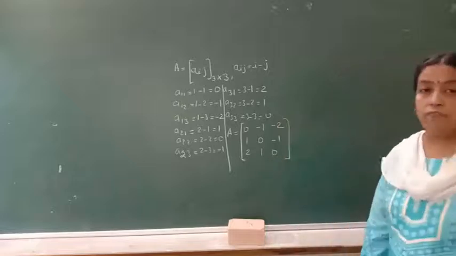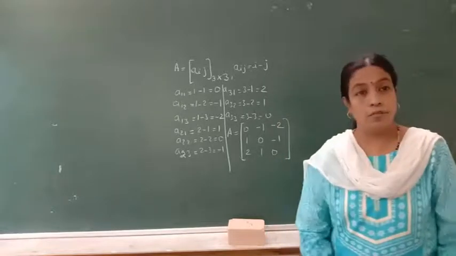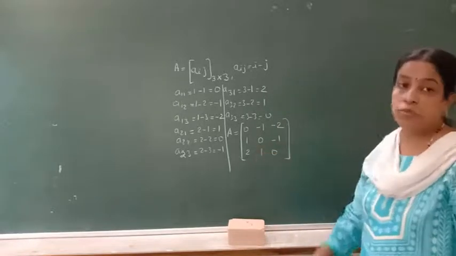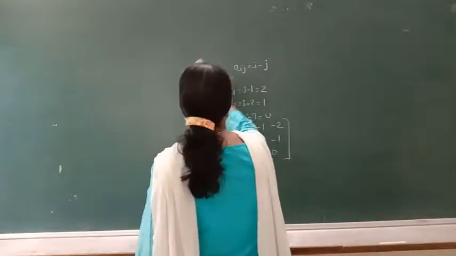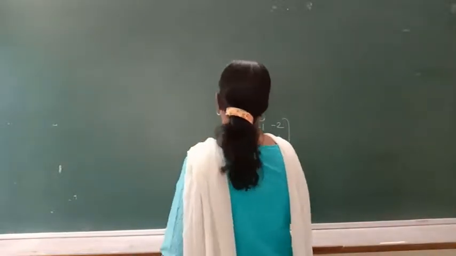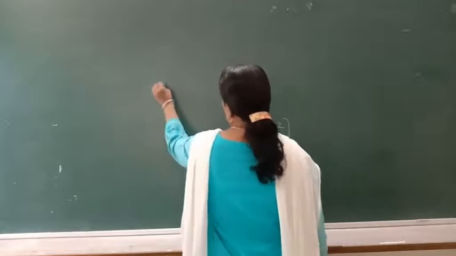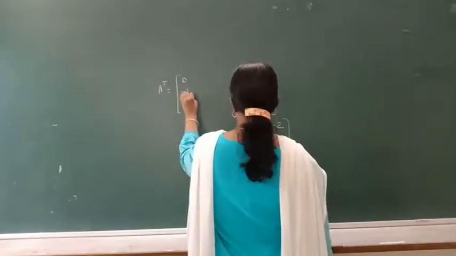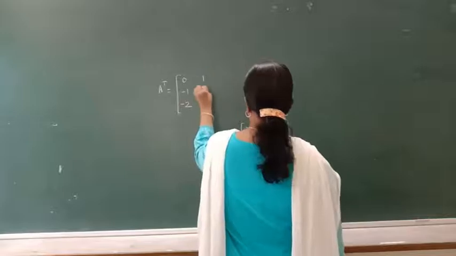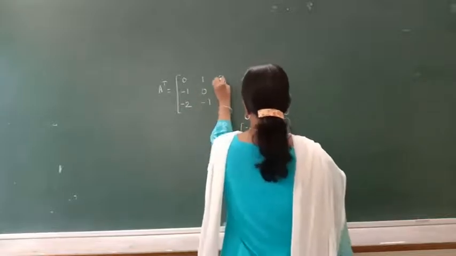Now we want to find whether it is symmetric or skew symmetric. For that you will have to take its transpose. Now see here, we will take its transpose. A transpose will be equal to 0, minus 1, minus 2; 1, 0, minus 1; 2, 1, 0.